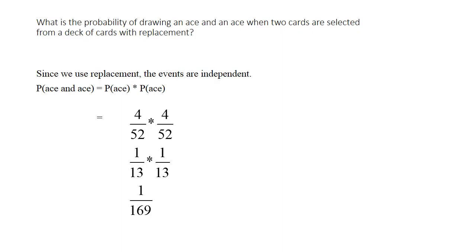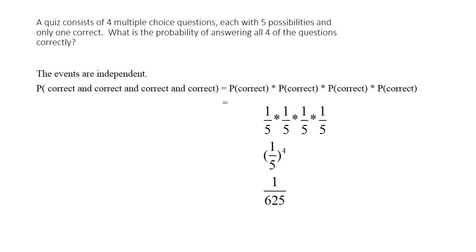The last question is also an AND problem, and the events are independent. We're trying to find the probability of answering the first question correct, and the second correct, and the third correct, and the fourth correct. So that is equal to the probability of a correct answer times the probability of a correct answer times the probability of a correct answer times the probability of a correct answer.